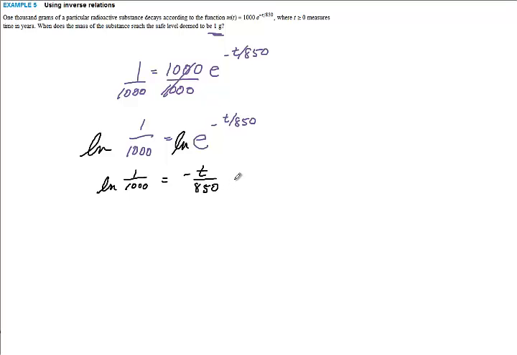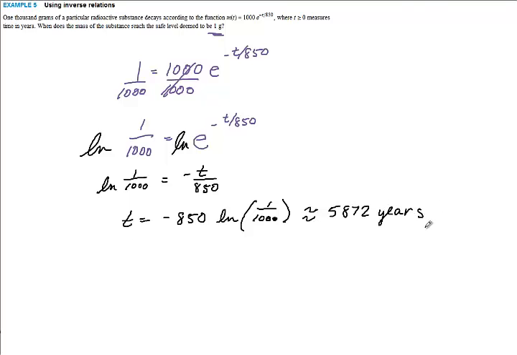At this point, I can multiply both sides by negative 850, and I'll have t equals negative 850 times the natural log of 1 over 1,000. If you punch that on your calculator, you should get something in the neighborhood of 5,872 years, seeing as time is in years.